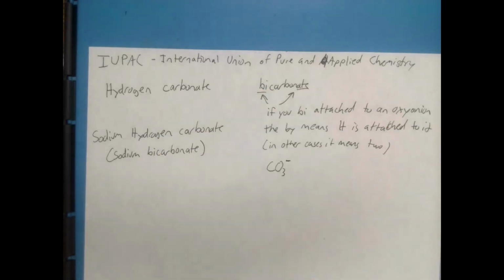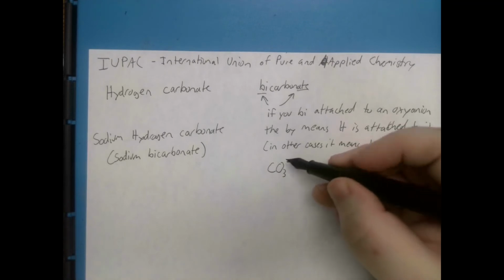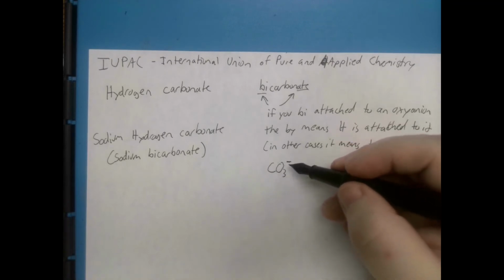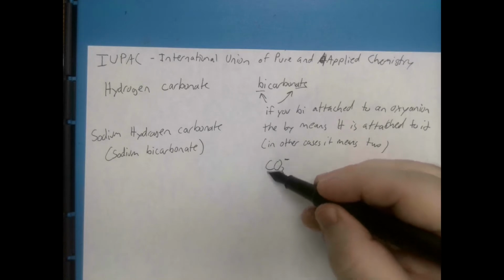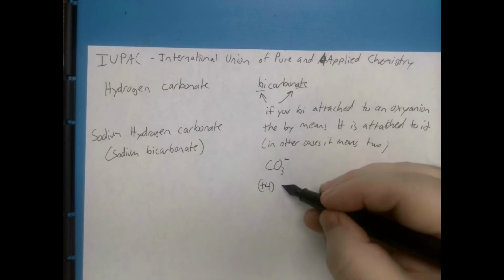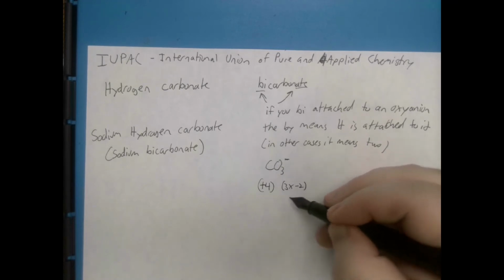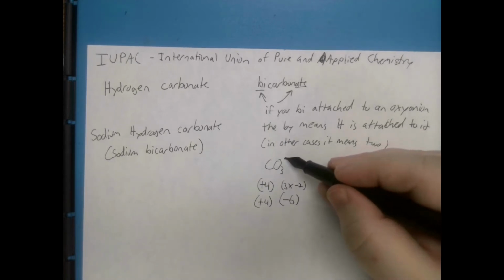So when we add the hydrogen, yeah, so that's what was confusing me. What's the charge on carbonate? So carbon has how many? What group number is carbon? 4. So we have thus 3 times a -2, which is -6. So this would be -2.